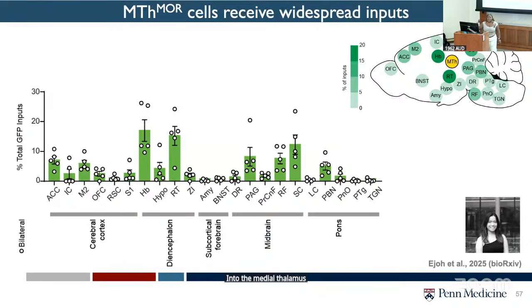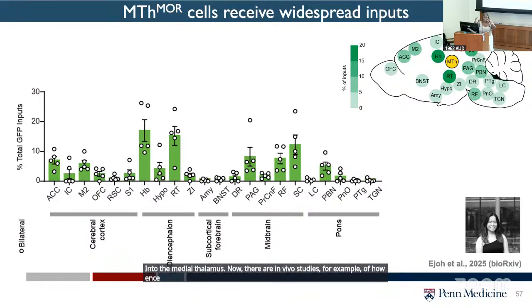Now, there are in vivo studies, for example, of how enkephalin or endogenous opioids might modulate the activity of mu opioid receptor positive cells in the medial thalamus, but not at their soma, at their axons. So there's an in vivo study that looked at the projections from the medial thalamus, MD specifically, to the striatum, and specifically the mu opioid receptors that are on the axons in the striatum.